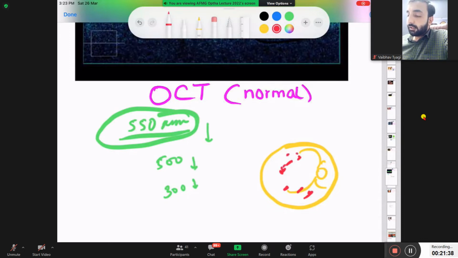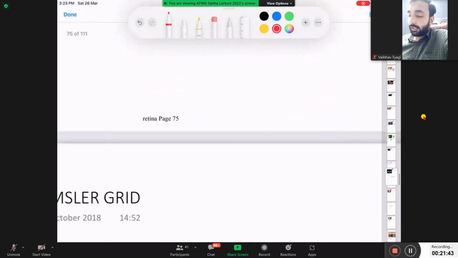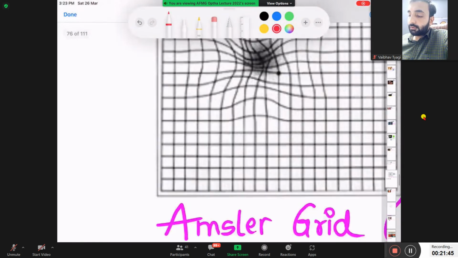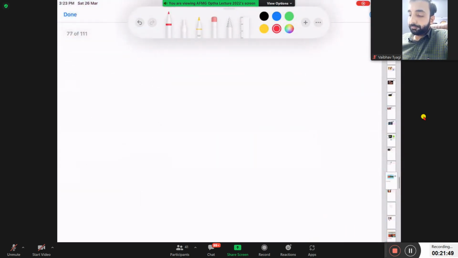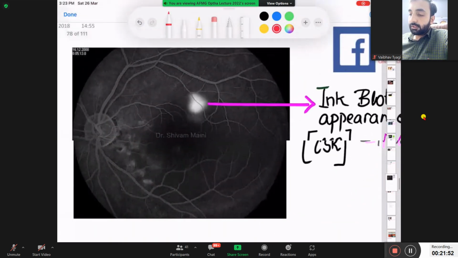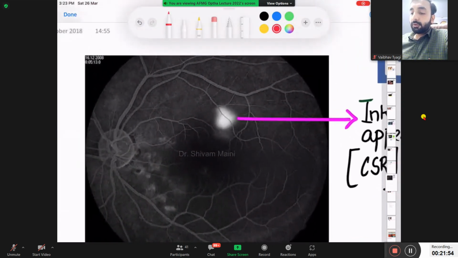For that, there is another investigation which is called FFA, which is called Fundus Fluorescein Angiography. So this is the picture of fundus fluorescein angiography. A dye is injected in the patient in the antecubital vein in the hand, right? So a fluorescein dye is injected in the antecubital vein and certain pictures are clicked from the eye with the help of a camera.